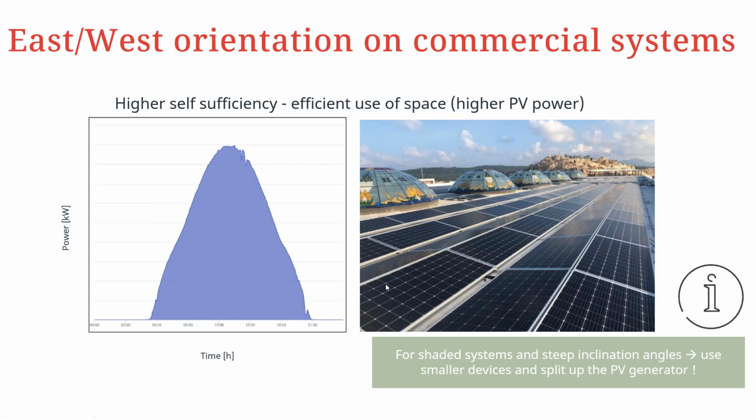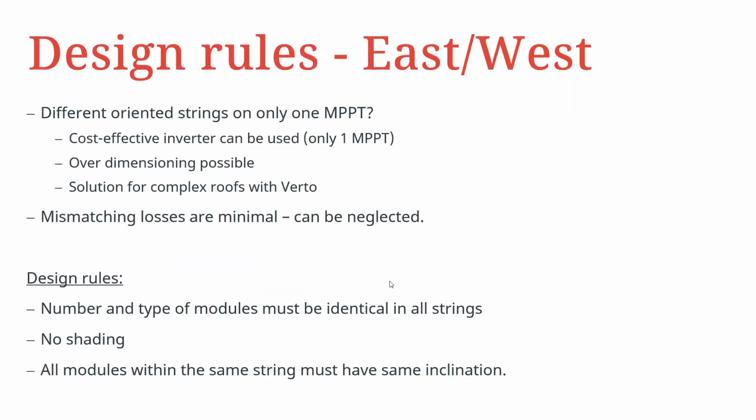So what we're saying in effect is that for the design for east-west orientations, it is expected that when dealing with single MPPT string inverters, mismatching losses are brought to the barest minimum. An advantage that such a system comes with is that it is cost effective.